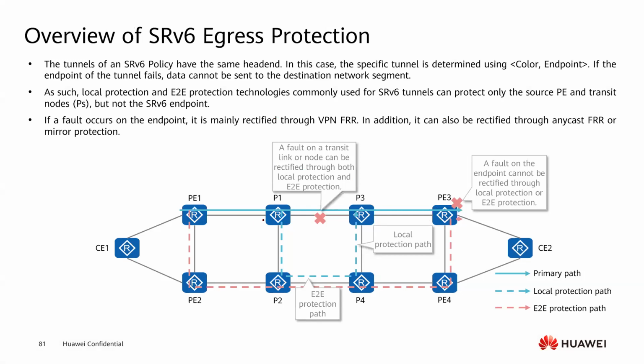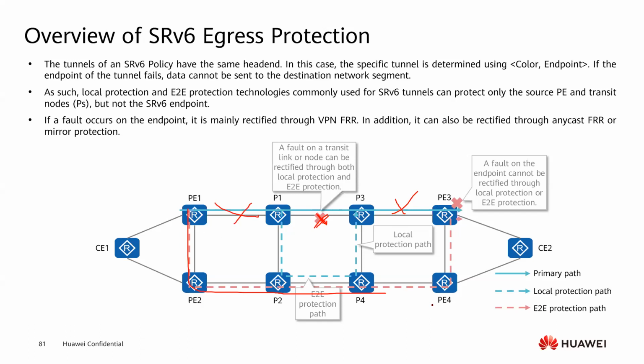For the egress protection, it means that if this link has a problem, we can use local protection, no problem. And for other things like end-to-end, that is also okay. For example, if this link is not good, I can use an end-to-end link.